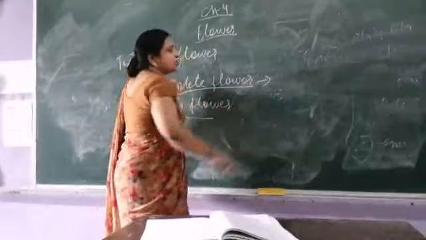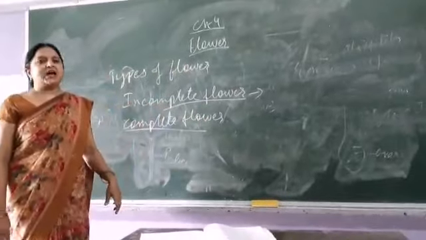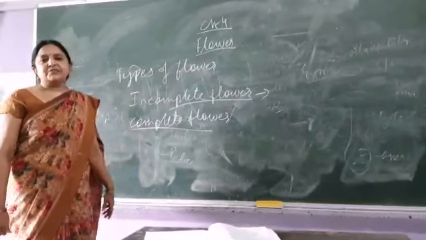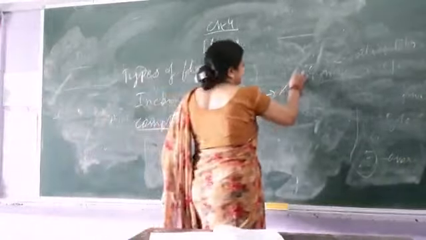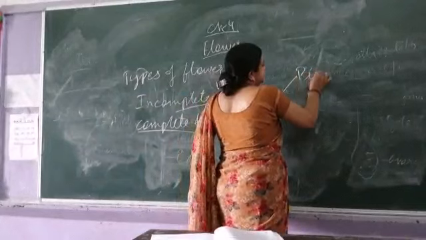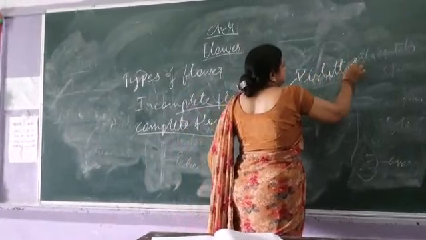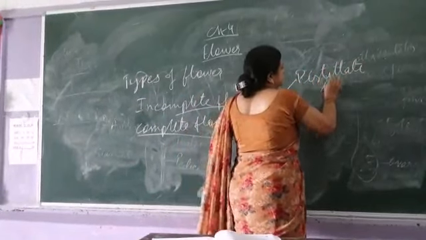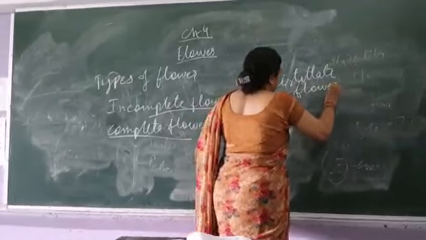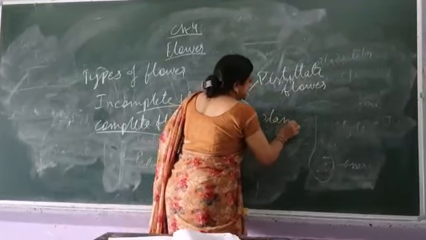Now, on the basis of presence or absence of androecium and gynoecium, incomplete flowers are of two types: pistillate and staminate.